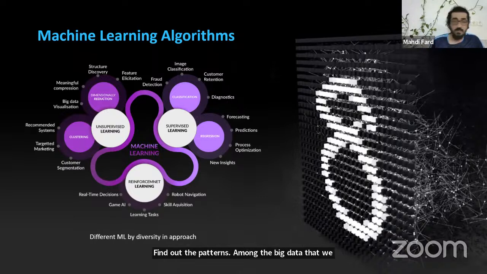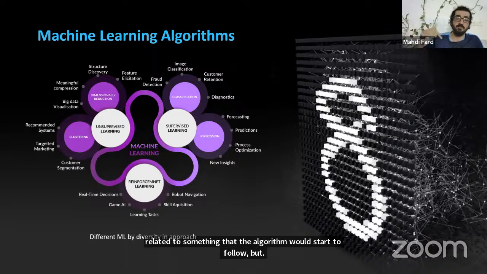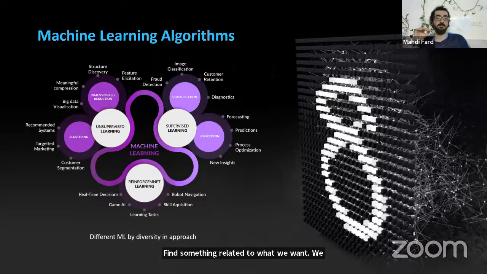This third part is reinforcement learning, which is related to something the algorithm would start to follow, and then find something related to what we want. We can have some sort of reward. Okay, you're doing good, so go through that path if you want to have more rewards. So, for instance, robot navigation is based on reinforcement learning, and it's obviously based on those rewards.